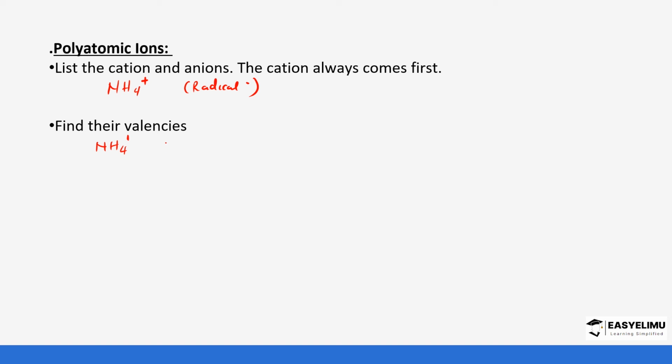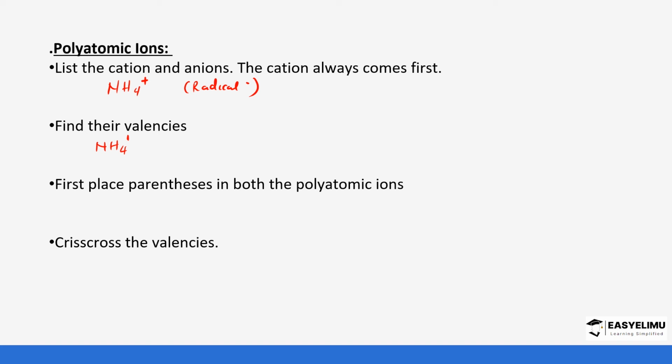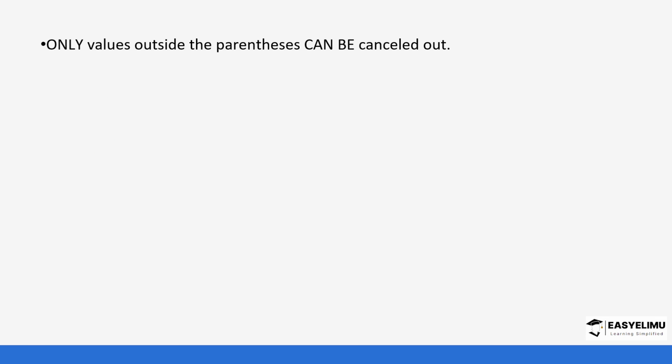The other radicals that are negatively charged have different valencies. Then we will put brackets around both polyatomic ions, both the ammonium ion and the other ones. And then you crisscross the valencies and cancel where it's possible. And if it can't be cancelled, we are going to leave it out.